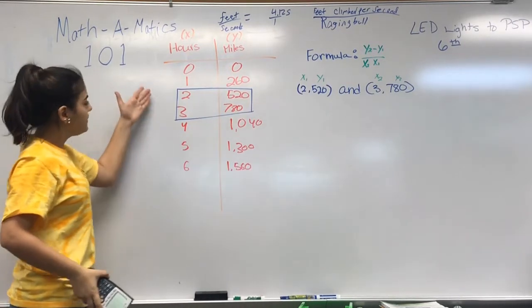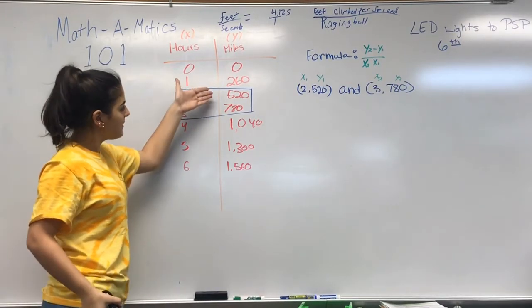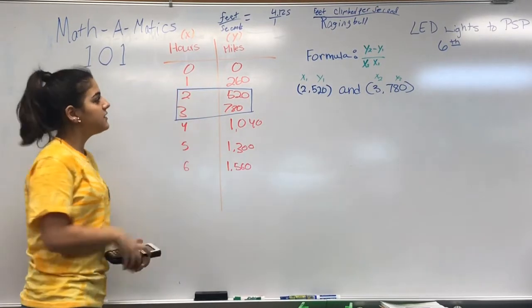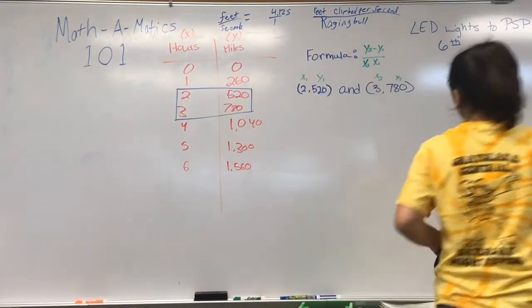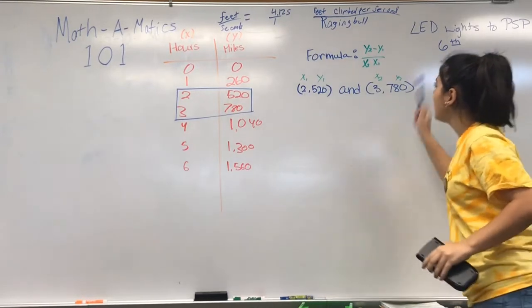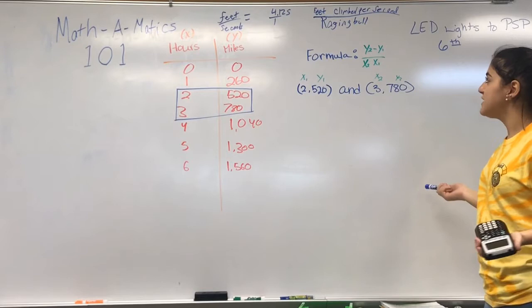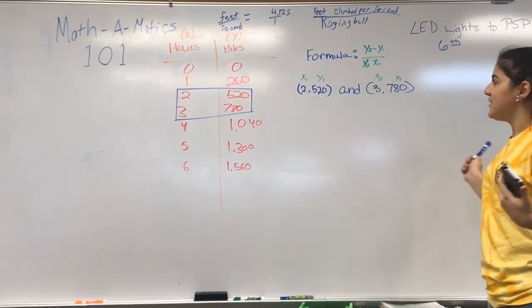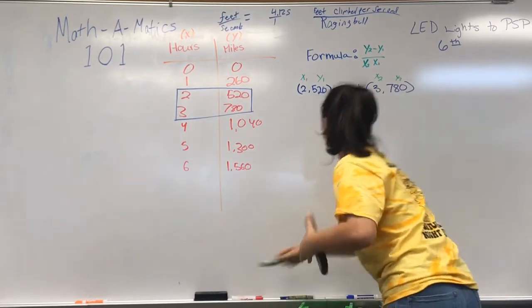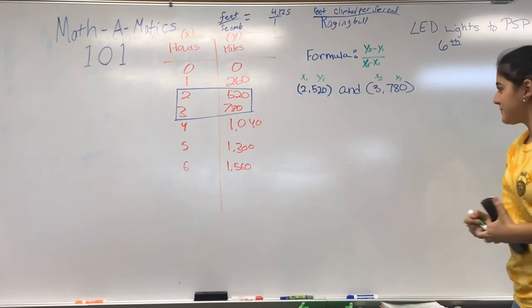And so I took 2 hours and 3 hours and 520 miles and 780 miles to put in the formula to get our slope. So if we move over here, I already wrote our formula. Our formula is y2 minus y1 over x2 minus x1.